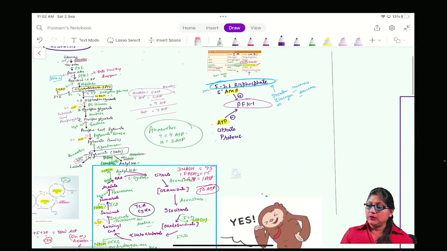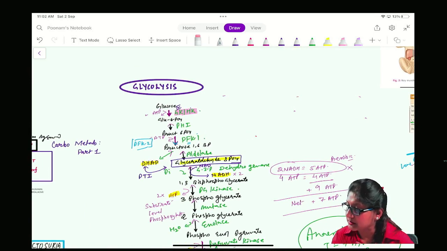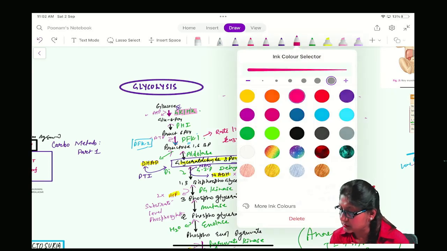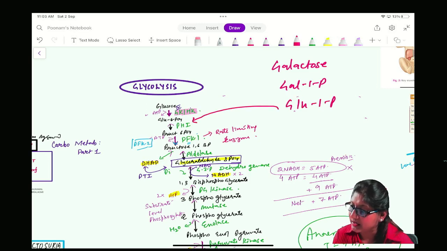Coming to the next pathway, which is very close to my heart, and that pathway is galactose metabolism, right? So galactose we consume in our diet. So galactose is converted in the liver to galactose 1-phosphate, glucose 1-phosphate, and then glucose 6-phosphate.